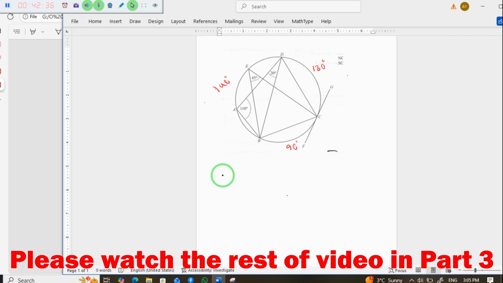So we can write that DCG is equal to 1/2 of the arc DC, so 1/2 multiplied by 130, which is 65 degrees. It means this angle is 65 degrees. So this question is solved.